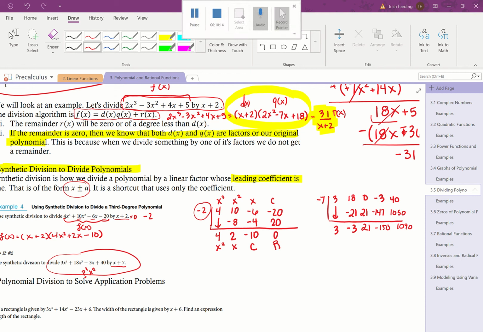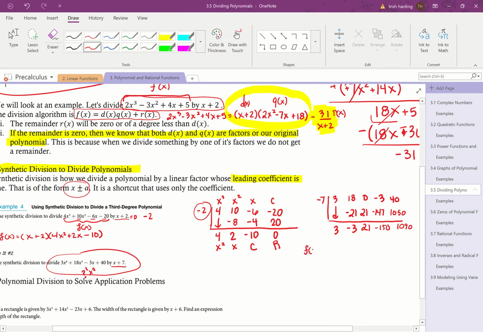So this tells us that f of x is equal to, let me see, if it started with x to the fourth, it's now going to start with x cubed.